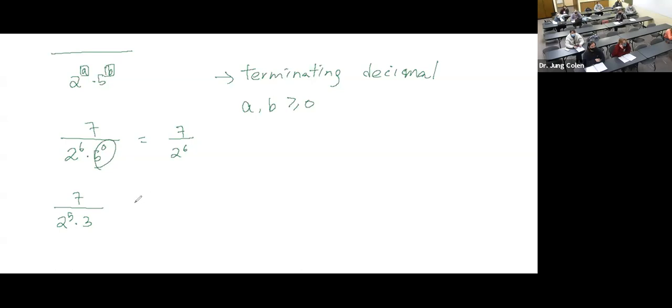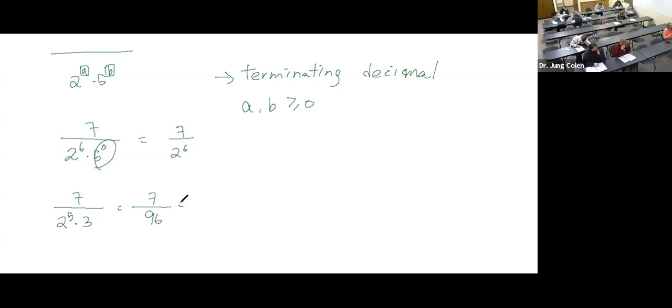You can use your calculator to calculate this. Okay, so 7 over 2 to the 5th times 3. I'm using my calculator now. 2 to the 5th is 32, times 3 is 96.